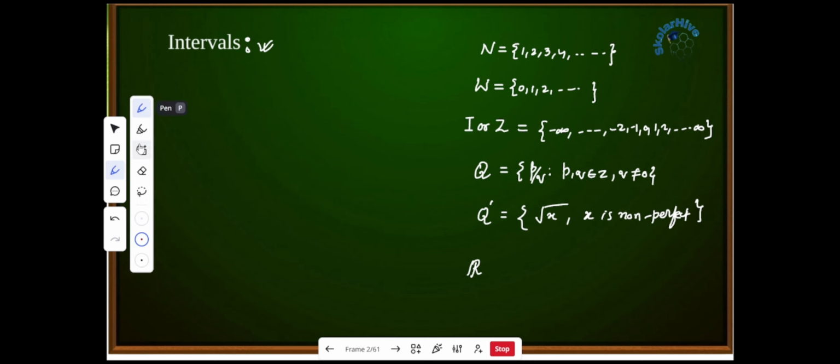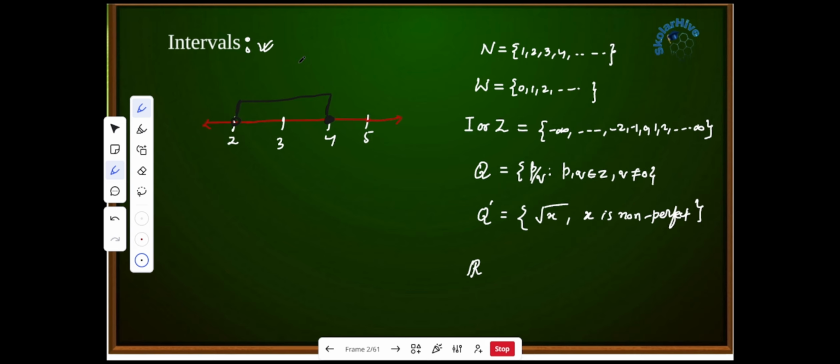Suppose we are given an interval over here, with points 2, 3, 4 and 5. We have given one interval as 2 to 4, open at 2 and closed at 4.